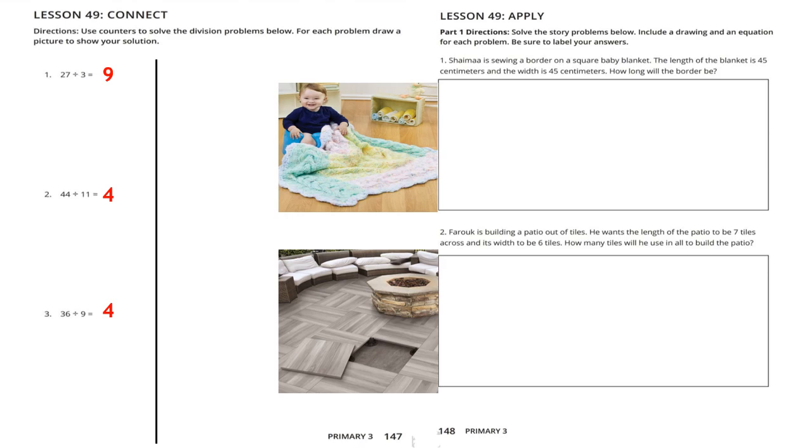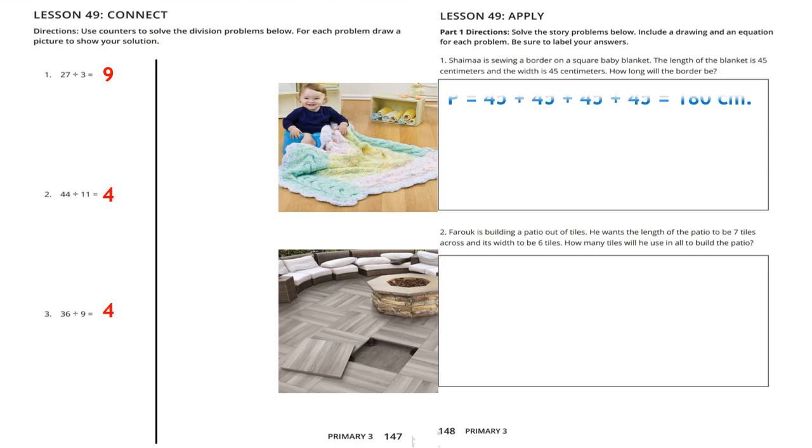Its length is 45, its width 45, because the square has equal sides. I want to know the total length of the border. It's like the fence of the garden. I want to know the total fence. Here, the total border is the same. So I want to calculate the perimeter.